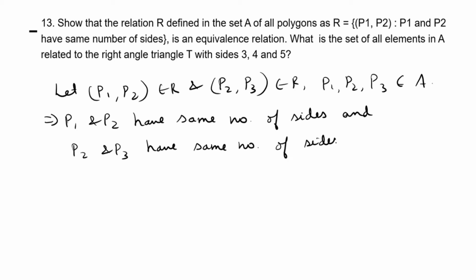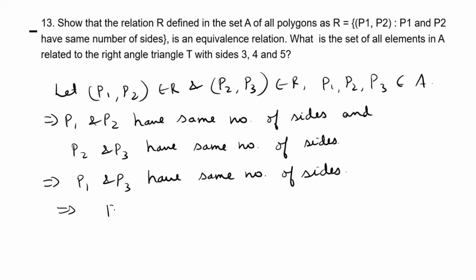Which means all three polygons P1, P2, P3 have the same number of sides. Therefore, P1 and P3 will have the same number of sides. So the ordered pair (P1, P3) belongs to R, which means R is transitive.